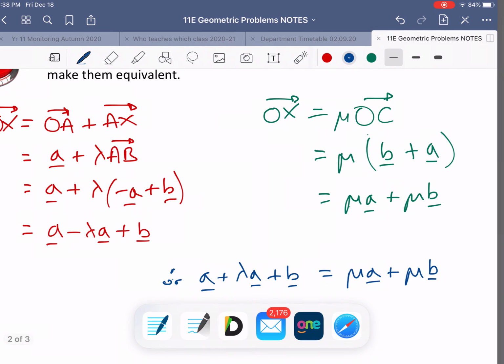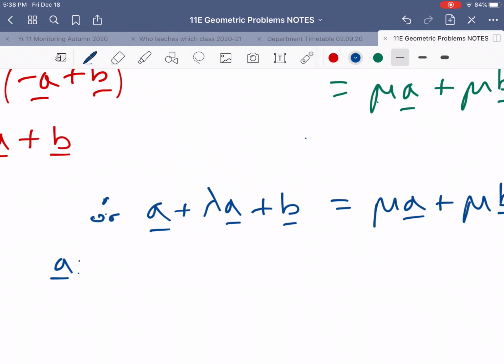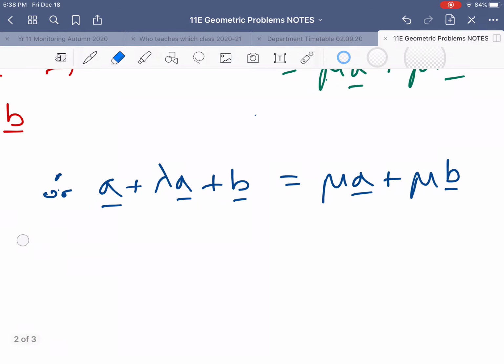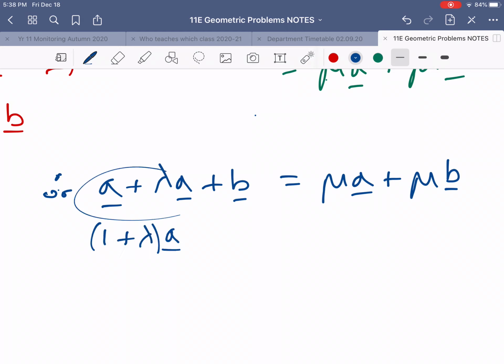If I factorize out the A's, I have 1 plus lambda A, plus B, just to make it more obvious.